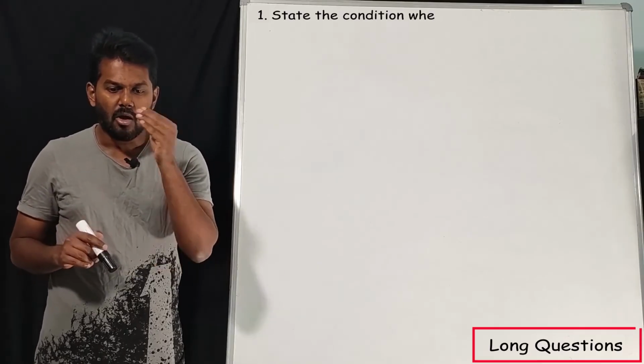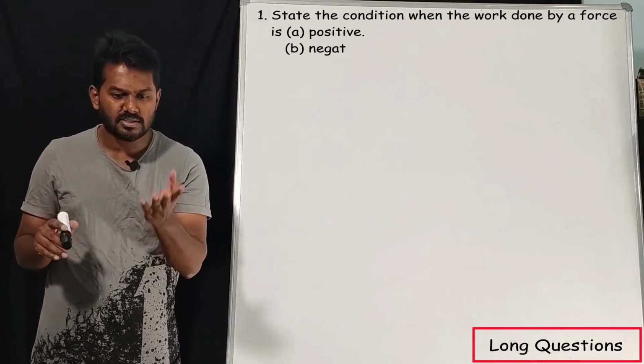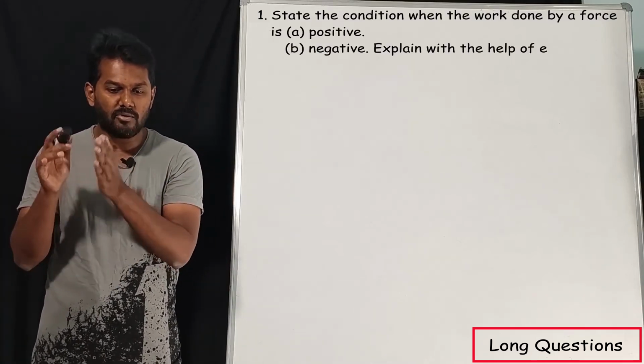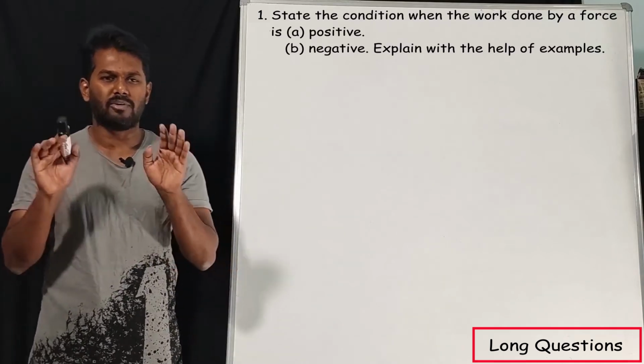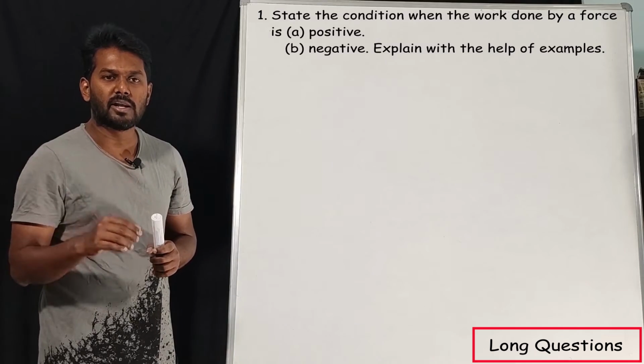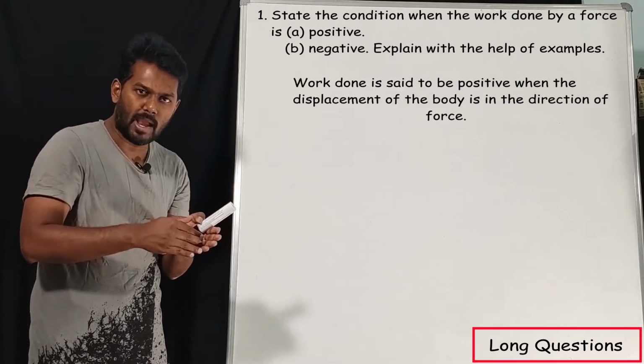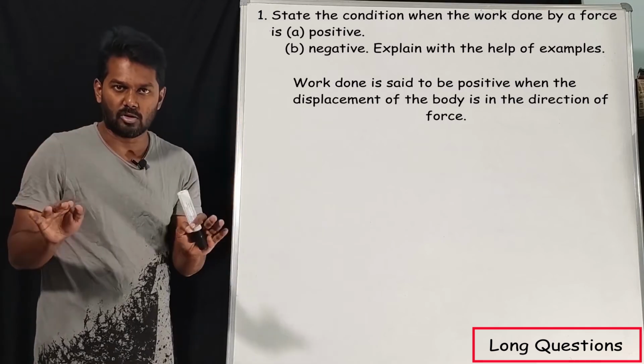State the condition when the work done by a force is positive and second one is negative. Explain with the help of example. Okay, very easy question. Listen. First one, when we can call the work done as positive, the angle between the force applied and the displacement is 0.